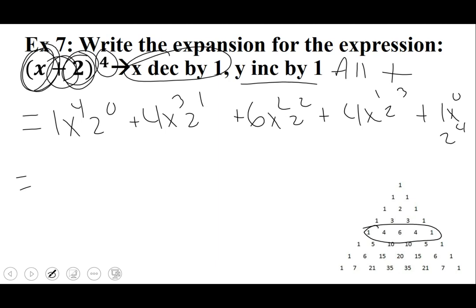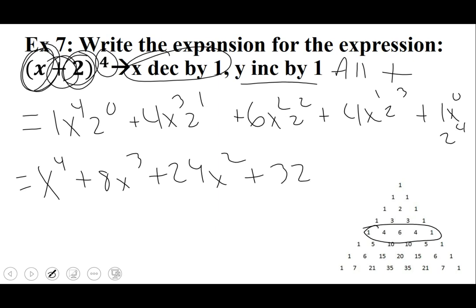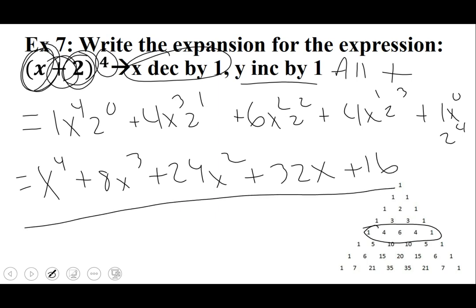So 1x to the 4th, 2 to the 0, that just becomes x^4, plus 8x^3, plus 2 squared is 4, times 6 is 24, x^2, plus 2 cubed is 8, times 4 is 32, x, plus 2 to the 4th is 16. So x^4 + 8x^3 + 24x^2 + 32x + 16.